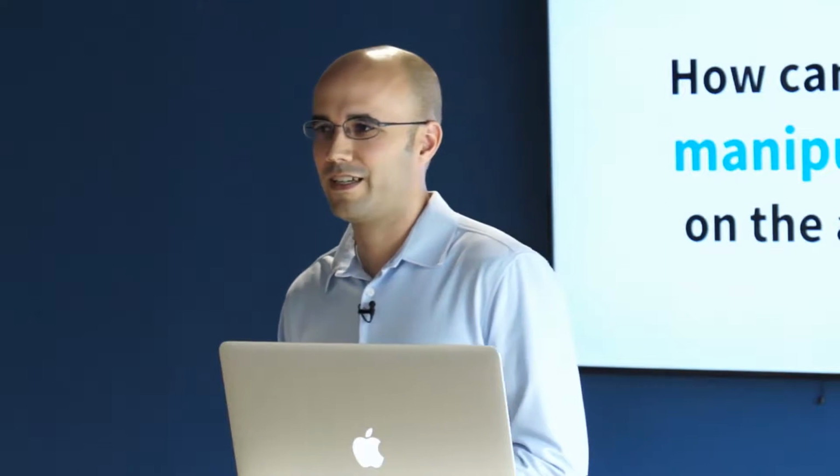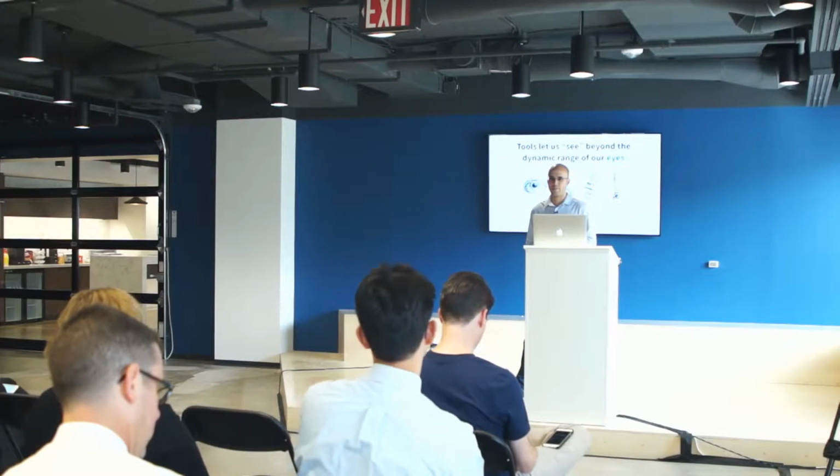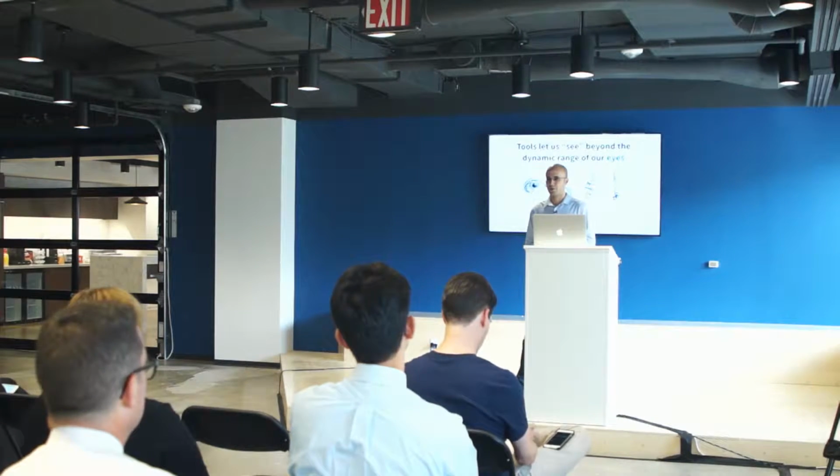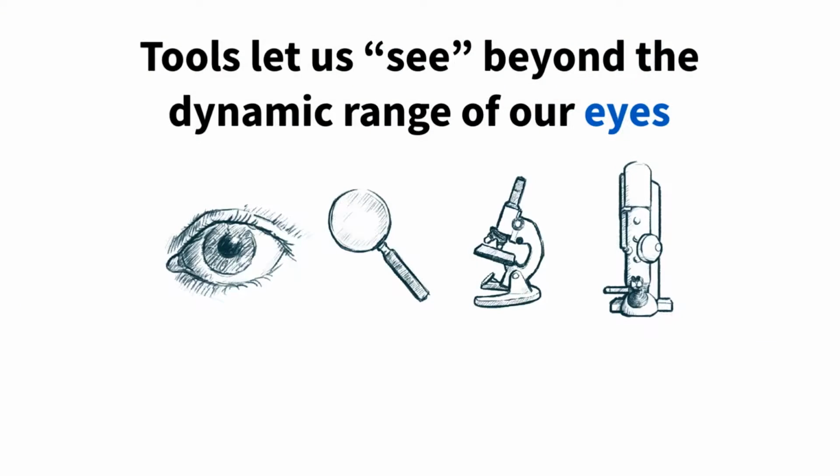Before I get too much into how do we manipulate matter, I want to first talk about why. Why would we want to do this? When we think about biological research, we have all these amazing tools that extend our human capabilities. So we can see all the way down to micro and nanoscale features of biological systems.